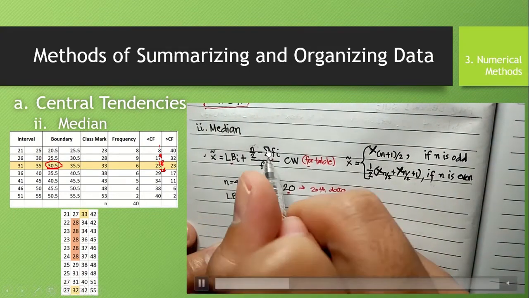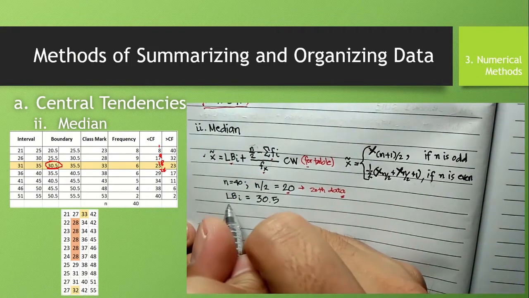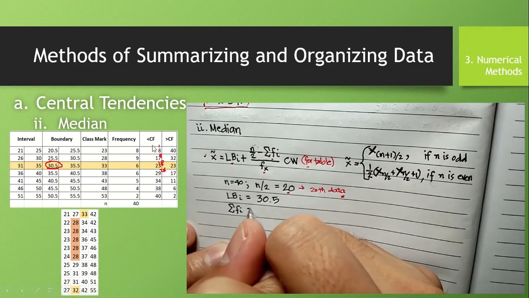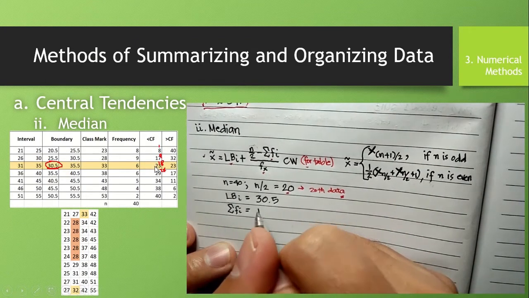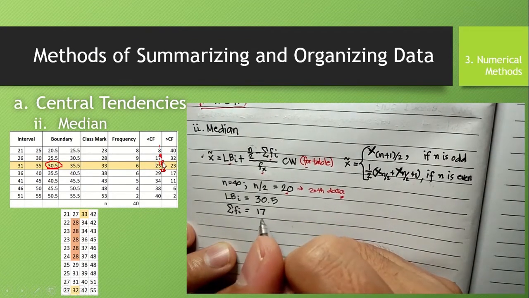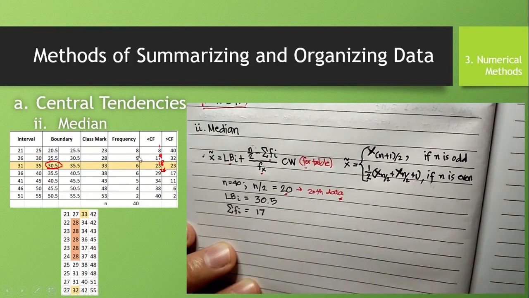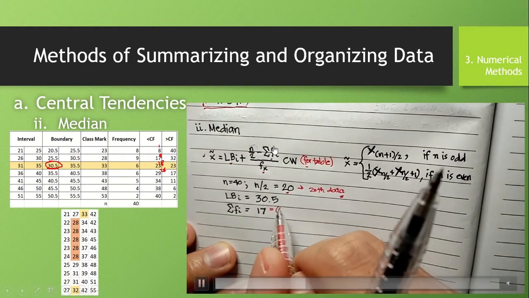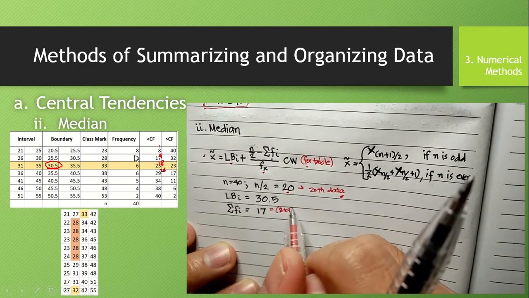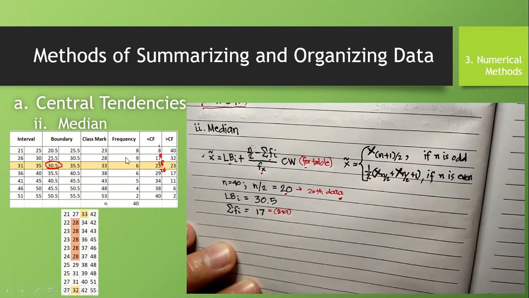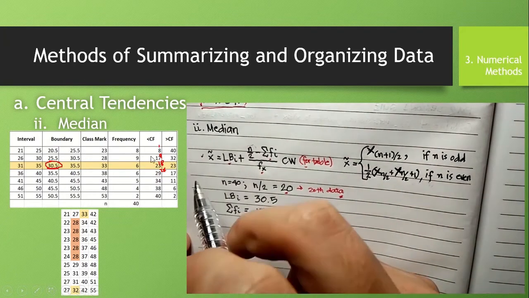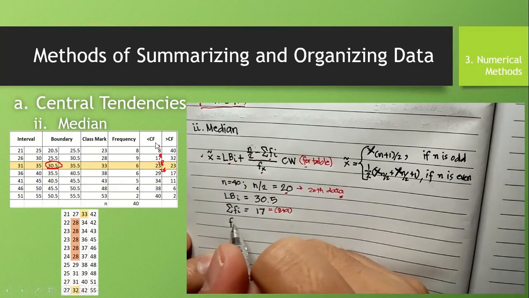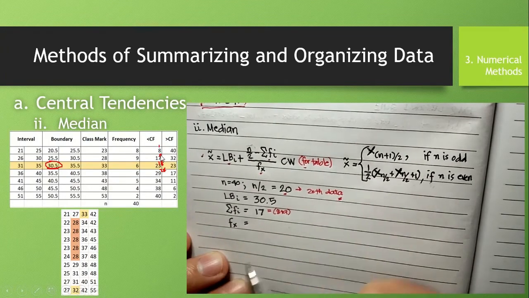Next, we will identify the summation of f sub i. This represents the cumulative frequency of the previous class intervals. That's 17, which is equal to 8 plus 9. This represents the summation of all the frequencies of the previous class intervals, or if you refer to the less than cumulative frequency, that is 17.